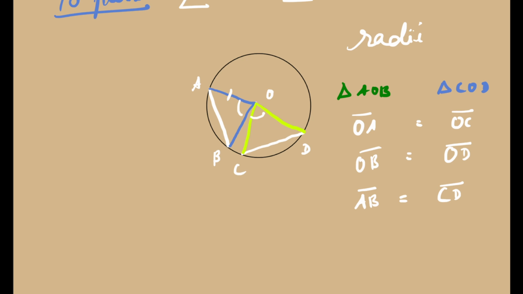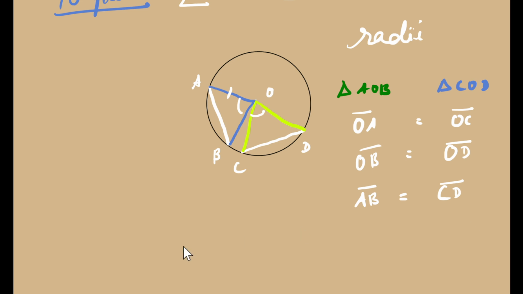If you want to recollect, we'll post the link here in the description. We have seen that if the corresponding sides are equal, then the triangles are congruent. Congruency means that the triangles are one and the same. The triangle AOB and triangle COD are exactly the same. If they are placed on one another, they just coincide.